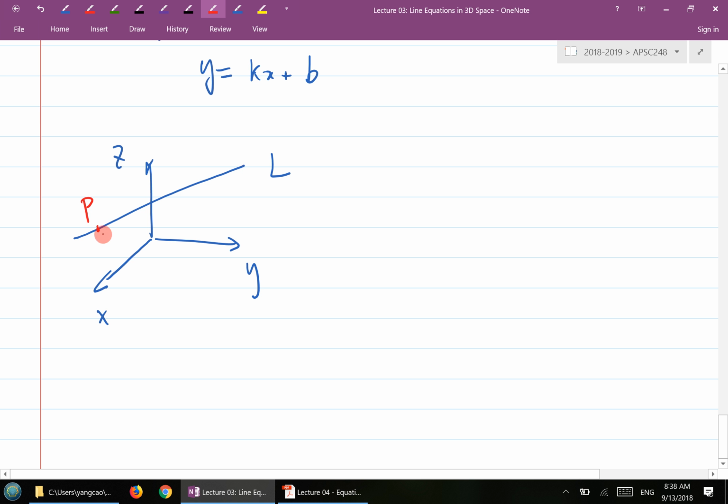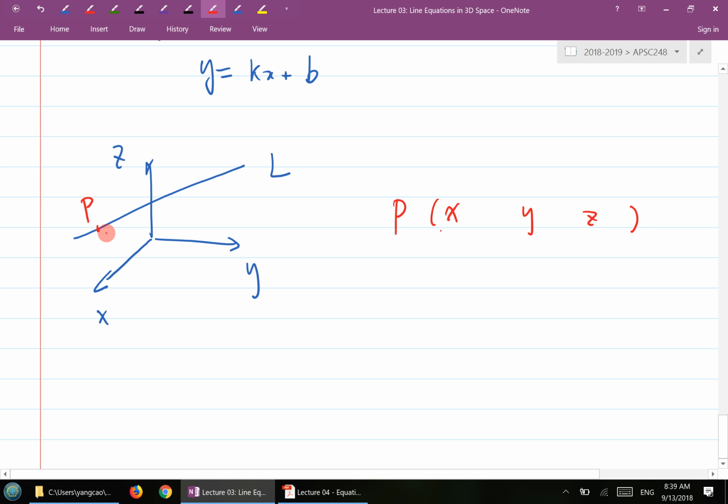If P is a moving point, then the coordinates for P, which are x, y, z, must be a time-changing quantity.